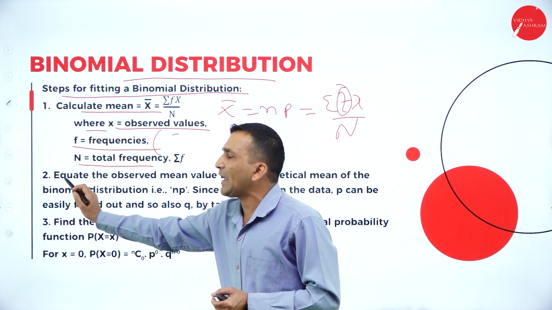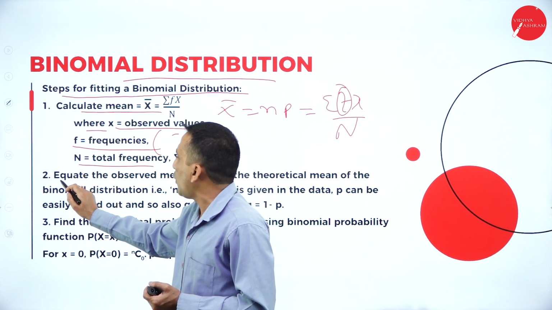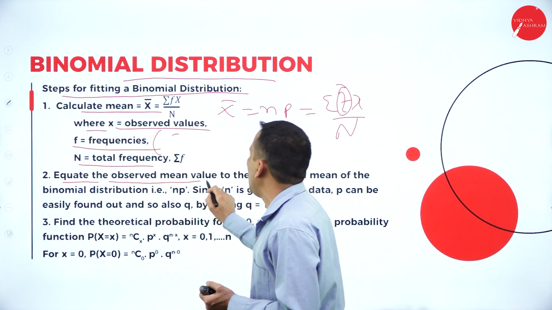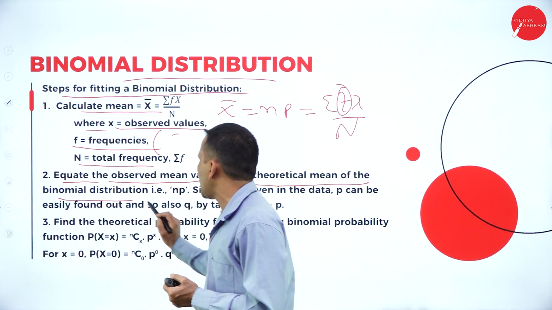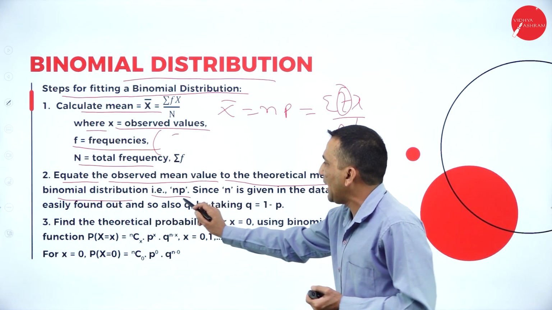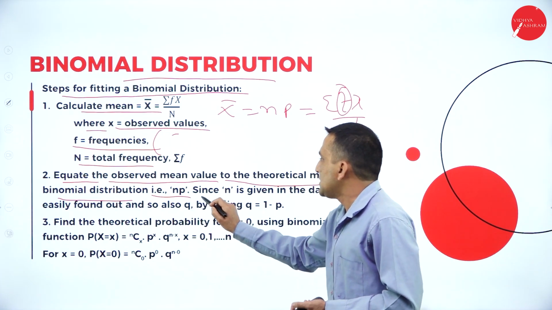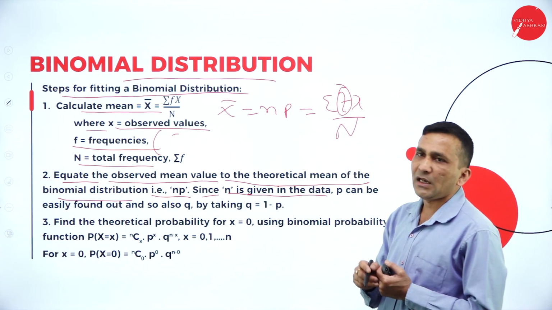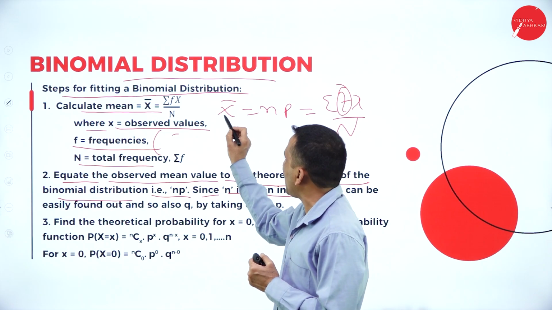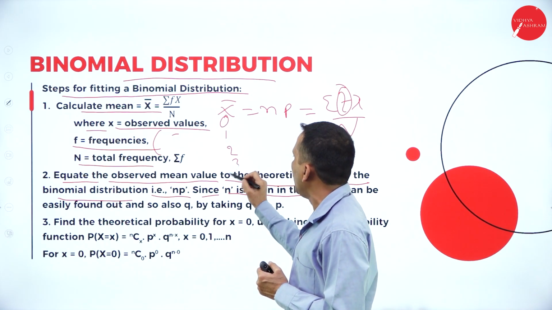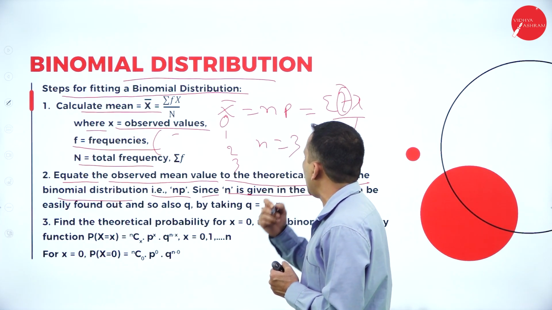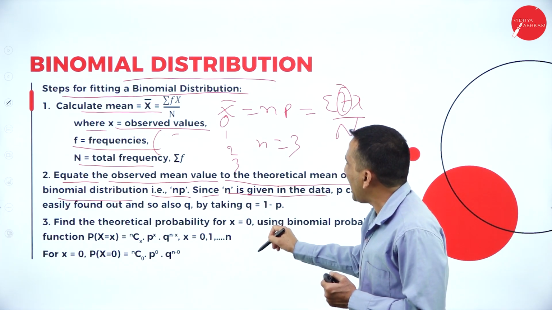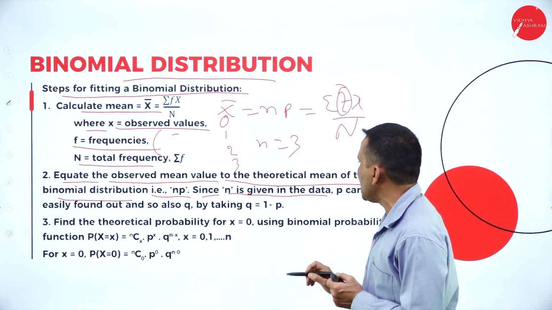Second, once you have calculated the first step, equate the observed mean value to the theoretical mean of the binomial distribution, that is np, which is your parameter, or x bar. Since n is given in the data, for example 0, 1, 2, 3, in this case n is equal to 3 and you can write it directly. It can extend based on whatever the question gives.